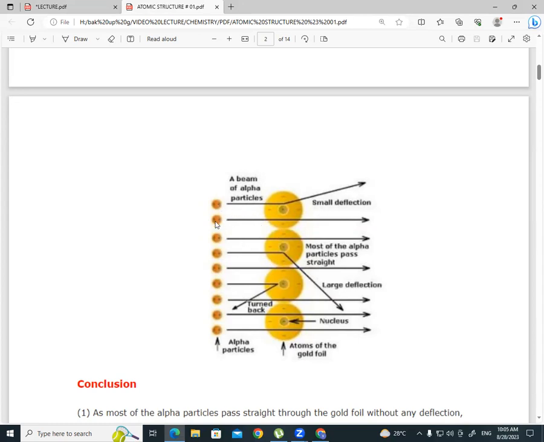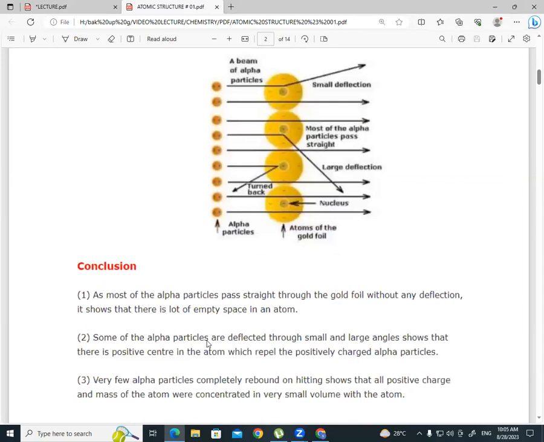You can see that most of the alpha particles go straight, passing through the gold foil, very few are deflected from their original path, and very few rebound.